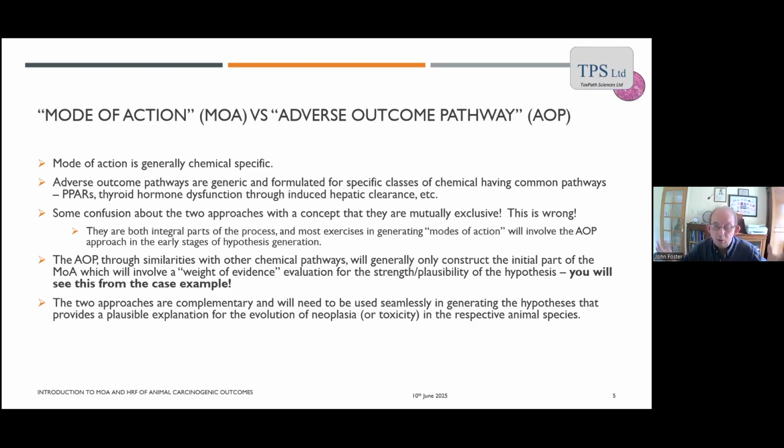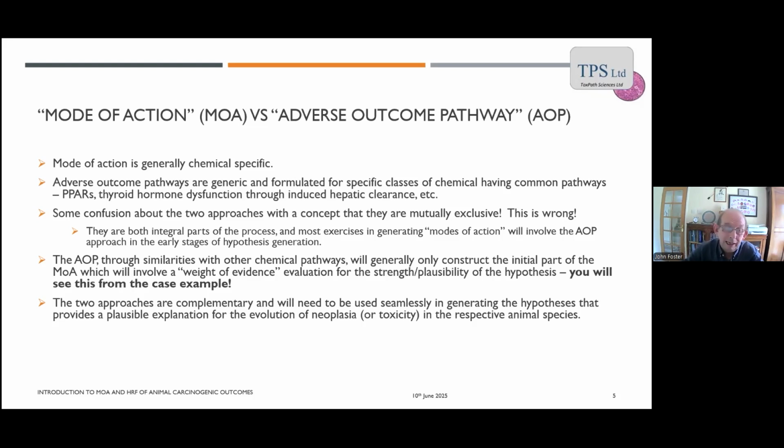I can come up with all sorts of hypotheses, many of which will be harebrained. But if you use the mode of action HRF pathway, then you will see that you need a little bit extra evidence, or you need to generate that extra bit of evidence in order to increase the strength or plausibility of your hypothesis.